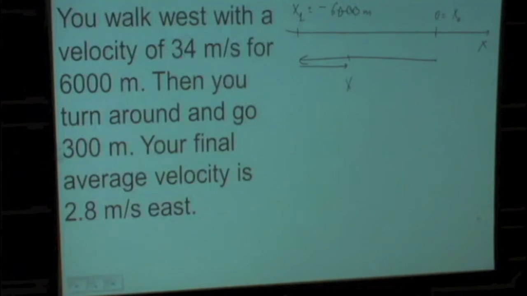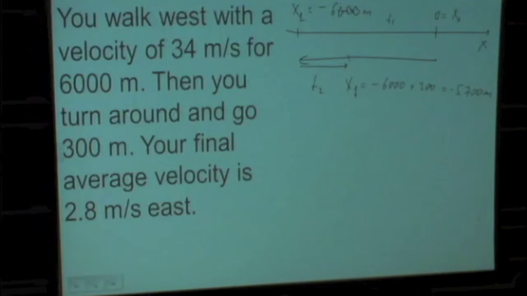So x final is equal to negative 6,000 plus 300. And of course, there is time you spent walking to the left, and time you spent walking to the right.